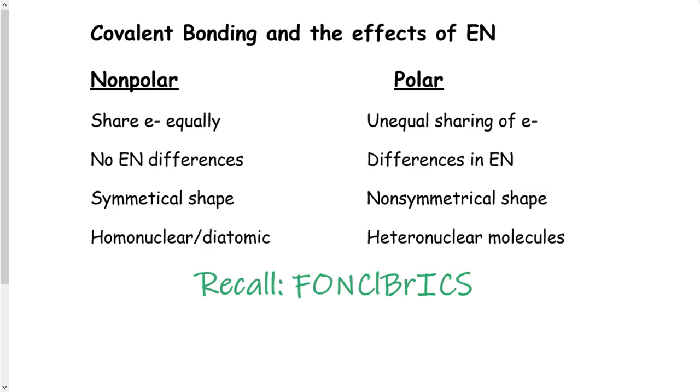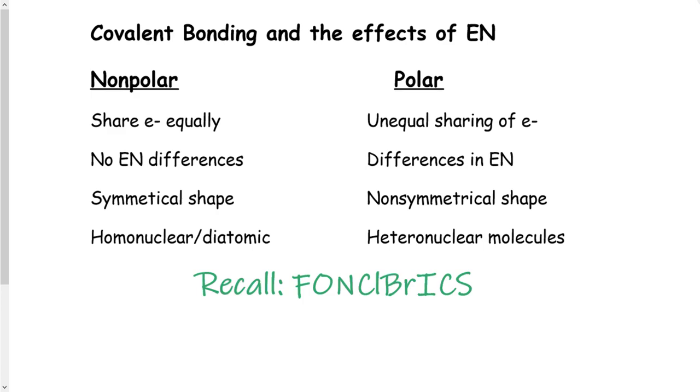As we again look at the effects of electronegativity and we look at the characteristics of nonpolar versus polar, the combination of elements makes the difference here. Our trend for electronegativity will help us with this. Something that is considered to be nonpolar will share an electron equally. Why? Because there are no differences in electronegativity. This results in a symmetrical shape.